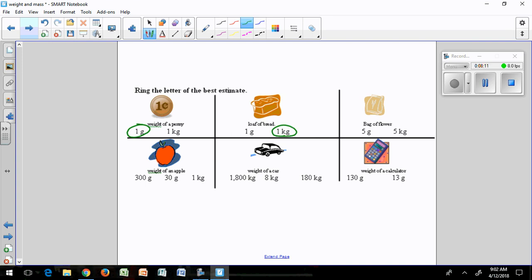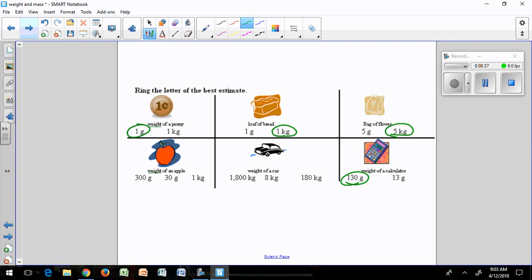A bag of flour? A bag of flour doesn't weigh as much as 5 pennies. It would probably be 5 kilograms. Weight of a calculator? 130 grams versus 13 grams? 13 pennies or 130 pennies? I would probably go 130 grams. I don't know, depending on the calculator can be pretty heavy. I would go 130 grams.